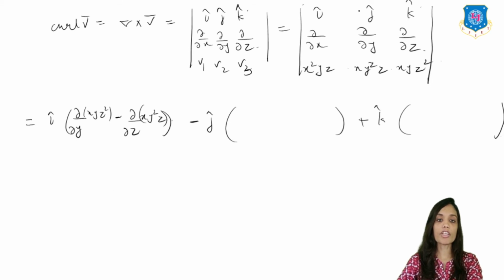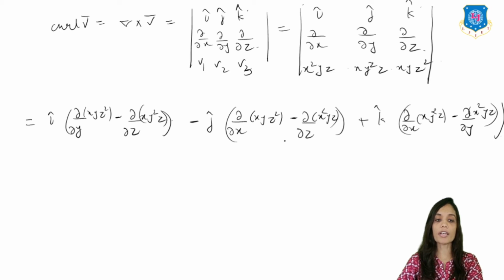Similarly, if I solve from here, it will be del by del x of xyz square minus del by del z of x square yz. And lastly, if I solve from here, it will be del by del x of xy square z minus del by del y of x square yz. So now just write the answers of the derivative. If I solve with respect to y, it will be xz square minus, if I solve with respect to z, minus xy square.